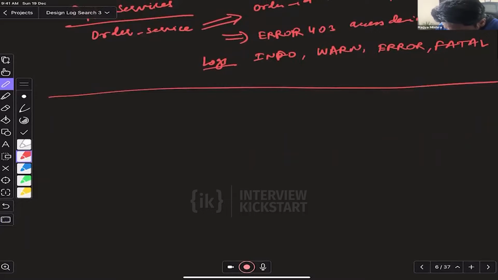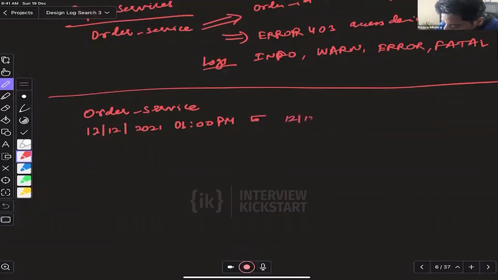For example, give me all the logs for order service from date 12/12/2021 01 p.m. to 12/12/2021 01:05 p.m. So for just these 5 minutes.